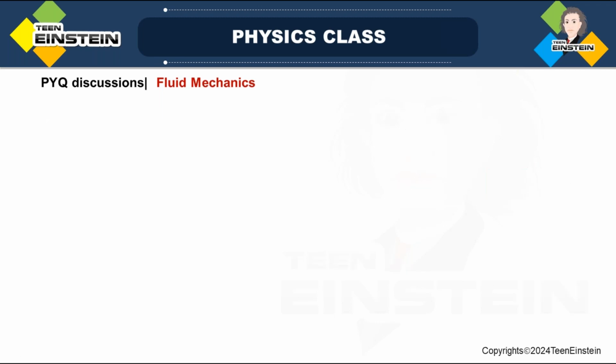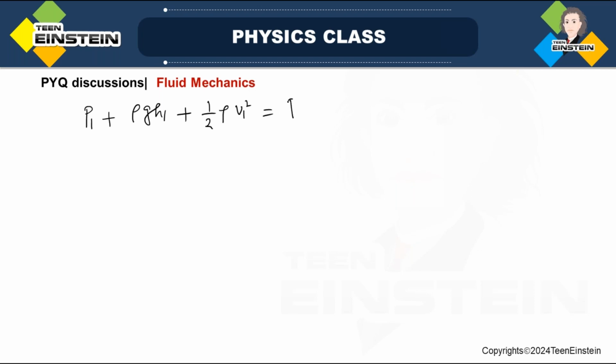Let me write it here. So for the wider end, I get P1, say pressure, plus rho g h1, the potential energy head, and the kinetic energy head, let me say half rho v1 square.